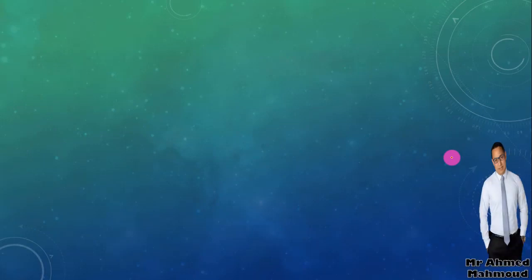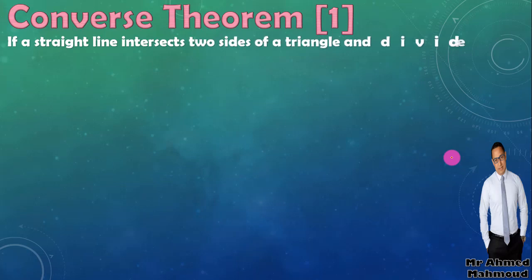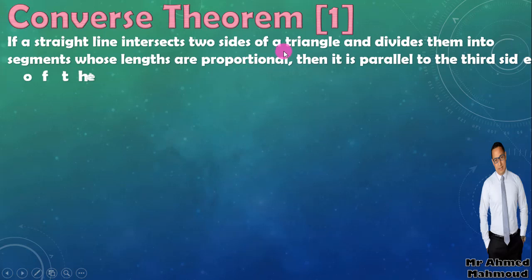Now let's study the converse of the theorem, and we use the converse to prove that two lines are parallel. If a straight line intersects two sides of a triangle and divides them into segments whose lengths are proportional, then it is parallel to the third side.